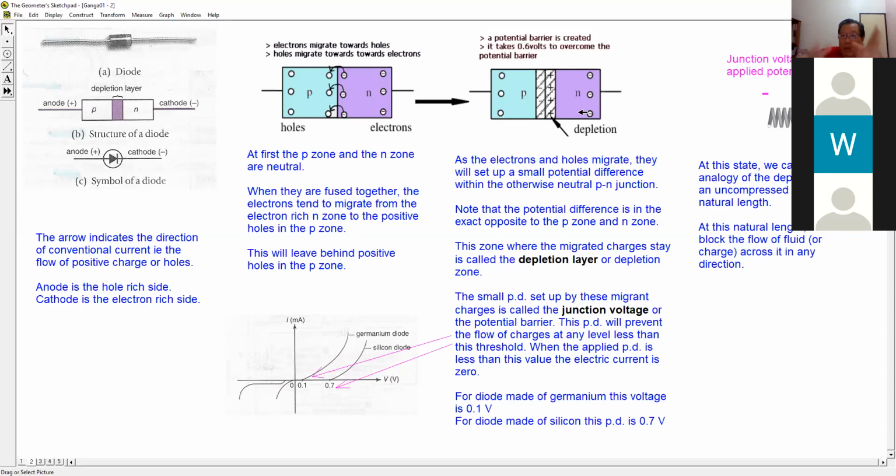You don't imagine that, wow, this is a very big potential difference, and the charges will be flying all over. No, not like that. You will set up a small potential difference within that area around the junction, and it's very small. It's 0.1 volt for germanium, 0.7 volts for silicon. Any more questions?